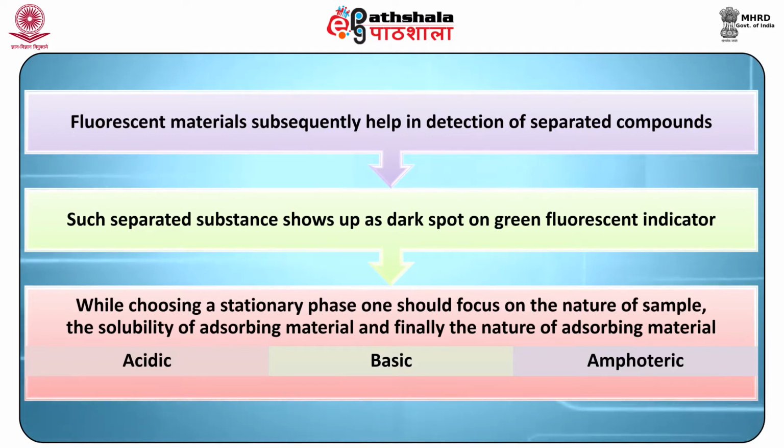Such separated substances show up as dark spots on the green fluorescent indicator. While choosing a stationary phase, one would focus on the nature of the sample, the solubility of the adsorbing material, and finally the nature of the adsorbing material such as acidic, basic or amphoteric.